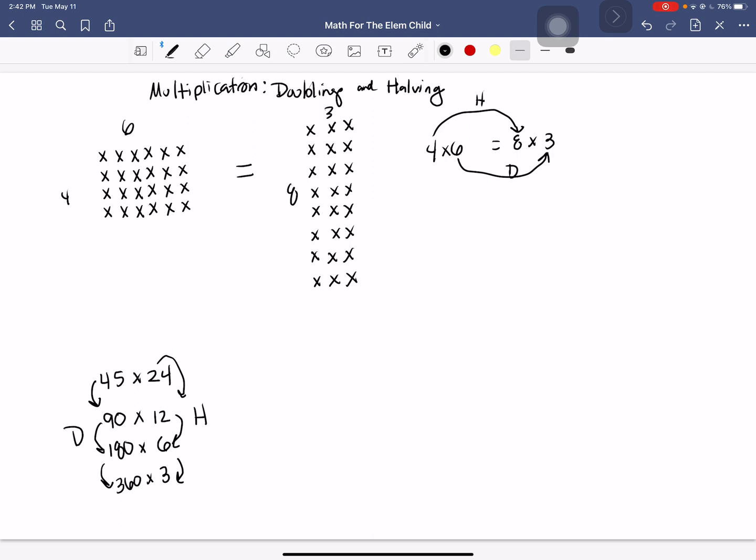We can do it as an array, but it would be too much. We can look at it as a number line. I don't have a number line that is long enough for this, but I can definitely draw it out.